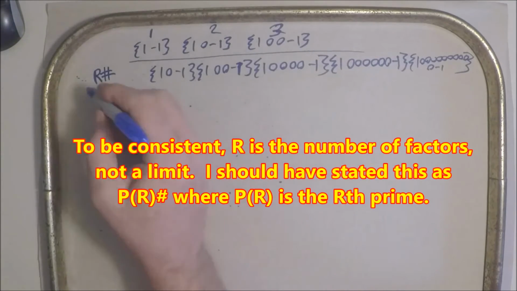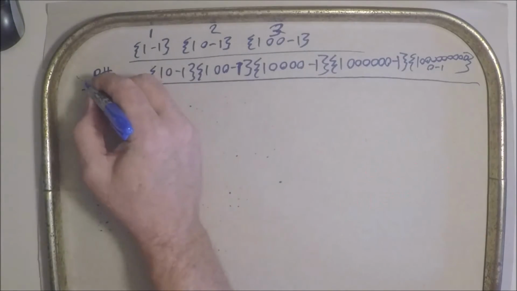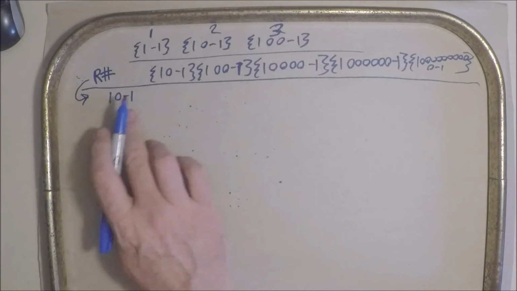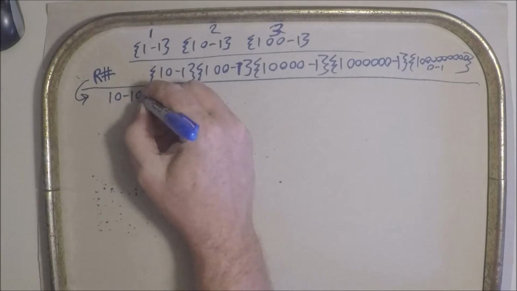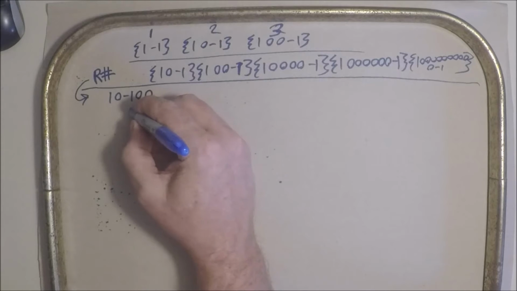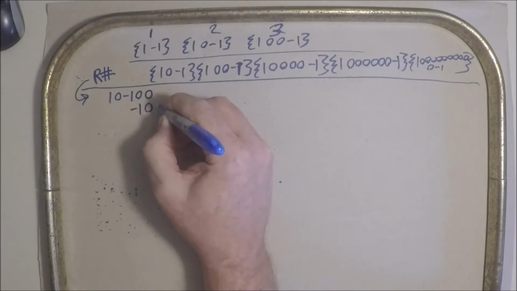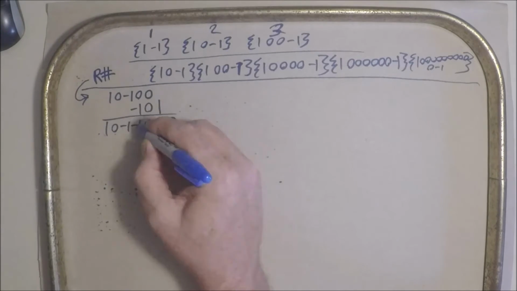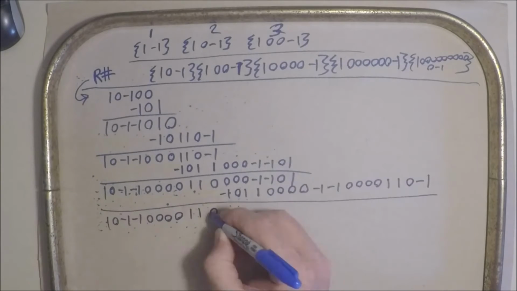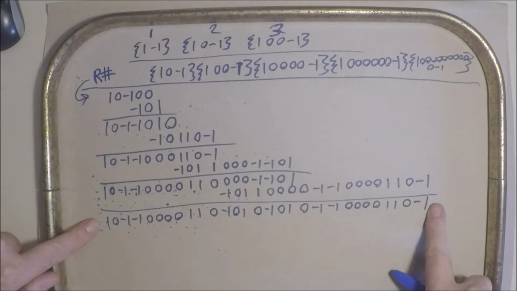And so what that ends up looking like is going to be 2 times 3, and we can do a symmetry check.